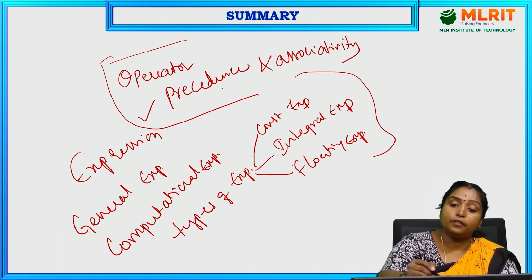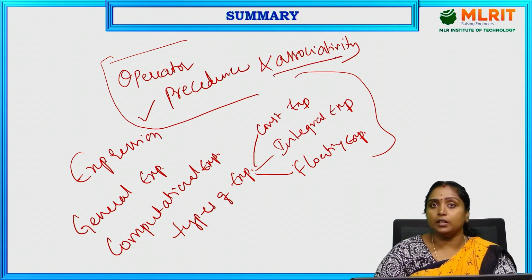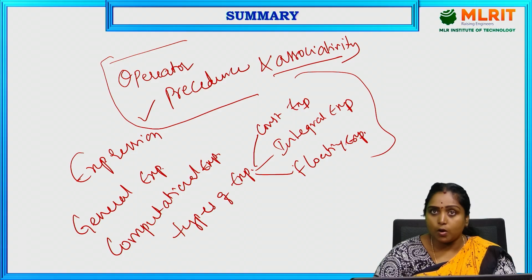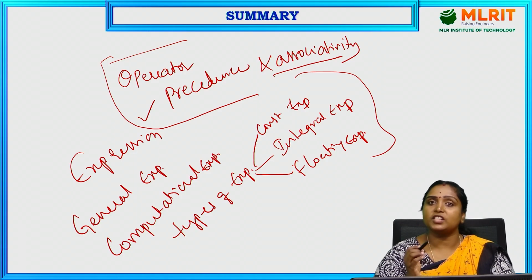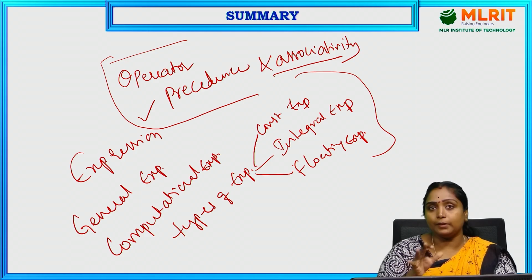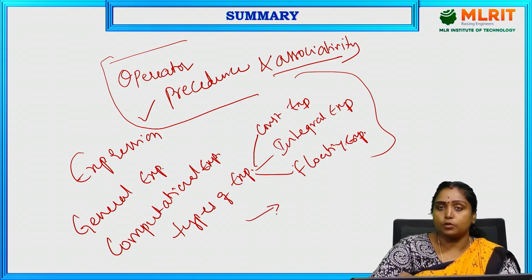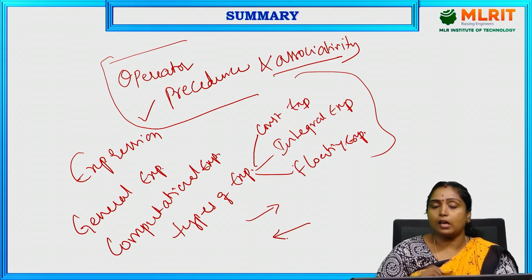And where does associativity come in? If more than one operator in the same expression have the same priority, then associativity says which operator has to be evaluated first, either from left to right or right to left. So this is how we have seen.